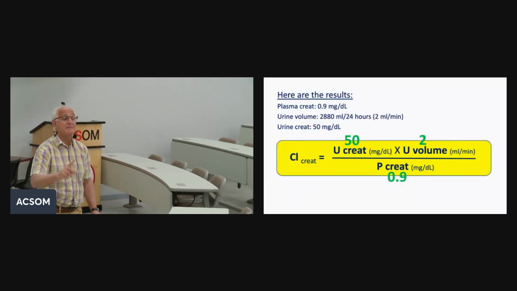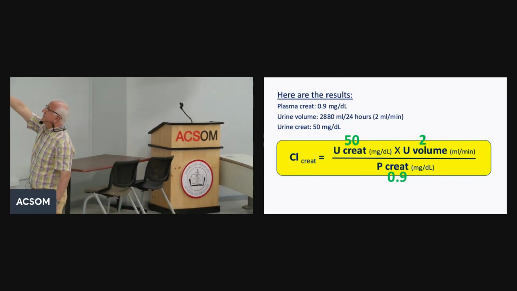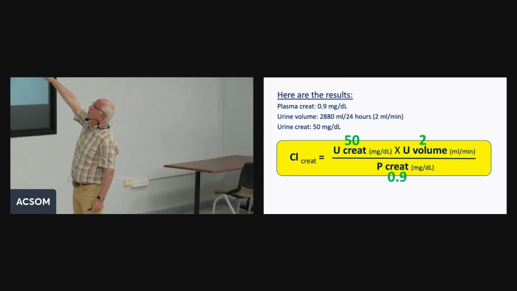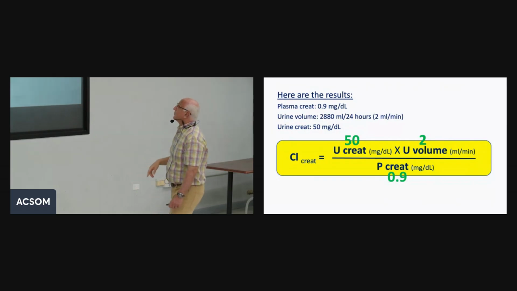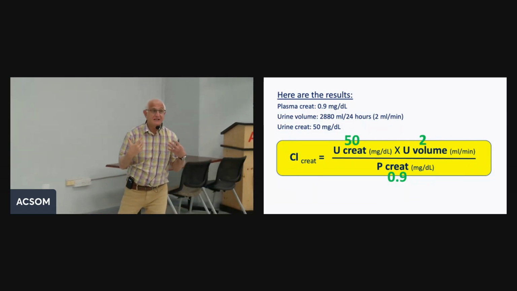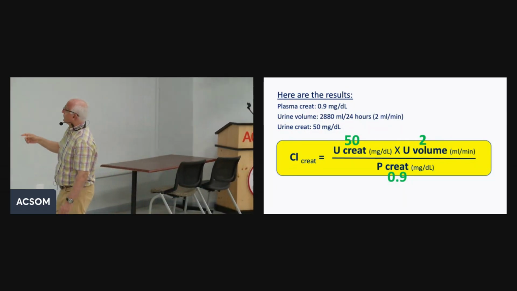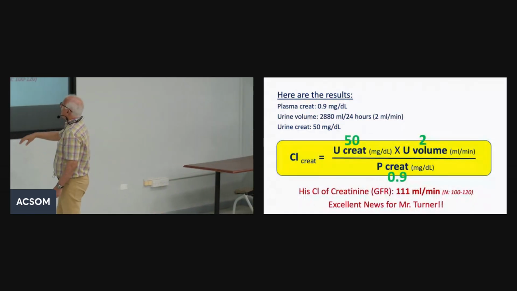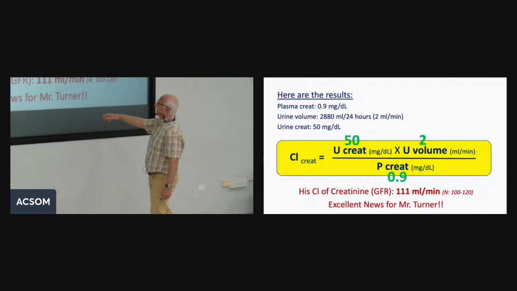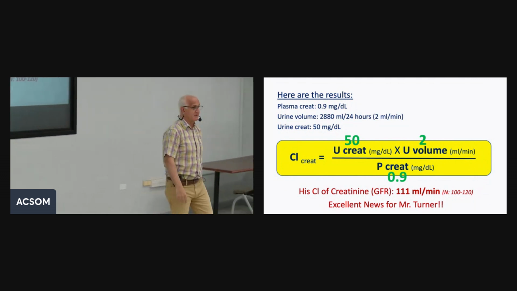So milliliter per minute. So 2880 divided by 1440 makes it 2 milliliters per minute. You can practice it in your mind. 1440 is something that the nephrologists know, but you probably don't want to memorize it. So his clearance of creatinine is 111 milliliters per minute, which is perfect. Excellent news for Mr. Turner.